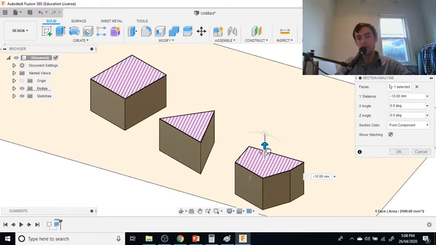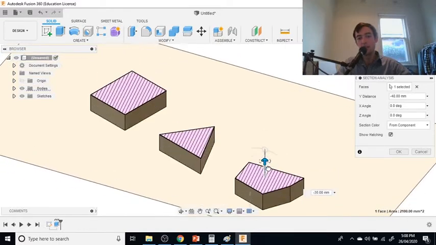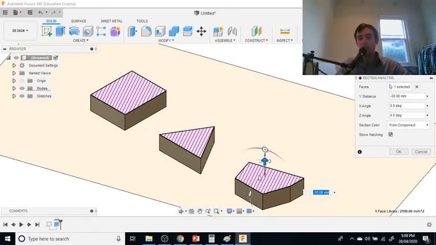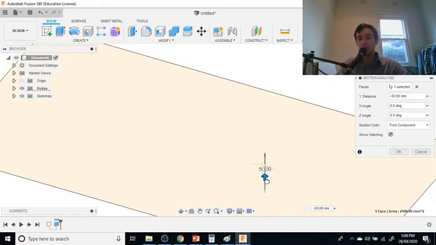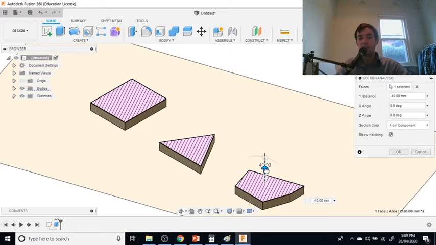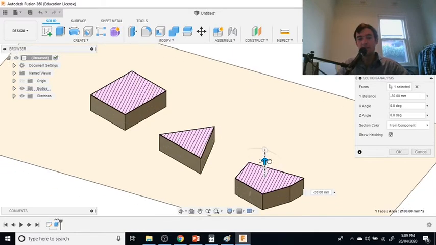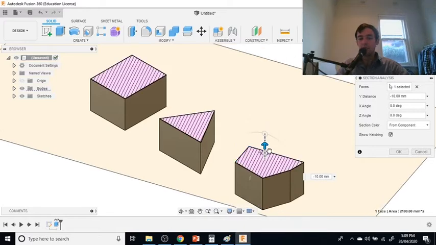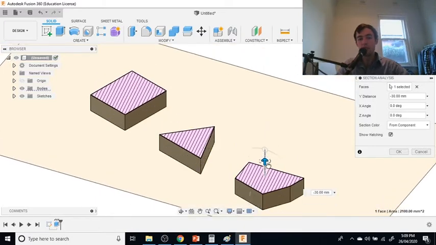And you notice that everywhere I'm cutting this shape, this pink, is that pink? I'm kind of colorblind. Yeah, the pink shape is still the same shape all the way through. So this is called the cross-section, and the cross-section is always the same as the base. So we've got a base and you've got a cross-section that's the same all the way through.